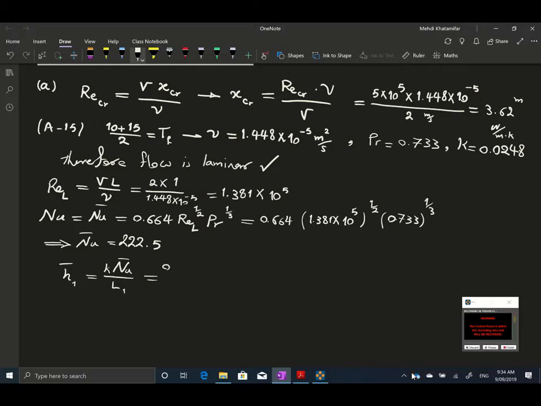So 0.0248 times 222.5 divided by 1 meter, which is the length. This is going to give us 5.469 watt per meter square Kelvin. So this is our H.